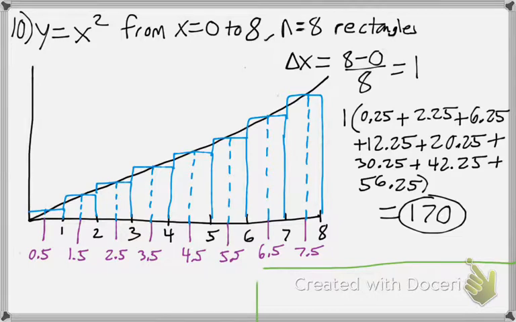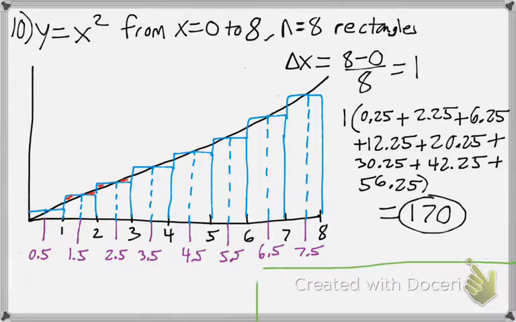Now the more rectangles you get, the better the estimate is going to be, because if you look at these gaps here, they get smaller and smaller versus the gaps that we had on like number 9 or any of the previous ones. And again, these are nice being midpoint because they kind of cancel each other out.